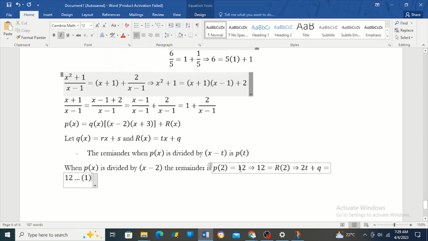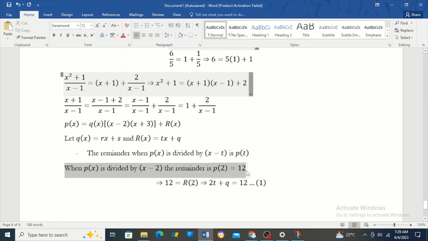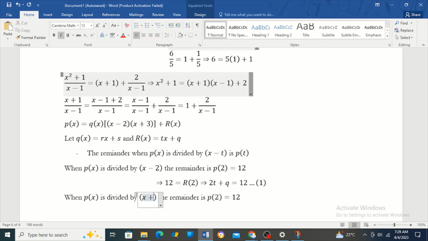Now the next information is dividing by x plus 3. So when p of x is divided by x plus 3, the remainder is negative 8. So when it is divided by x plus 3, the remainder is actually p of negative 3, because when you solve x plus 3 equal to 0, you get x equal to negative 3. So the remainder is negative 8.